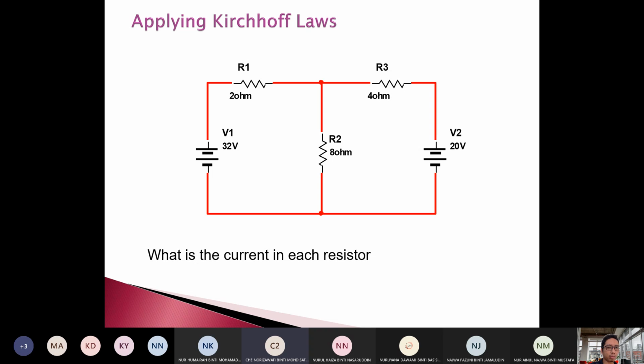On top of here, you can replace it: 8 times 28 over 22 plus 12 I3 equals 20, and then you can solve for I3. So that should be the answer.